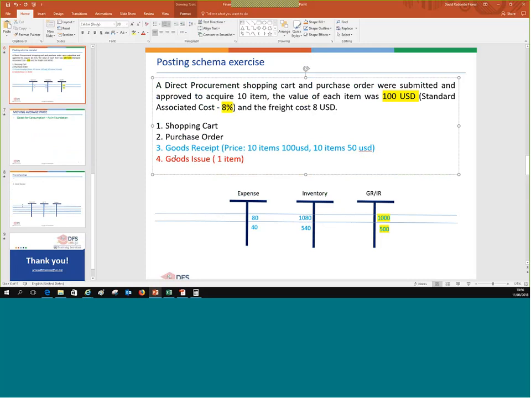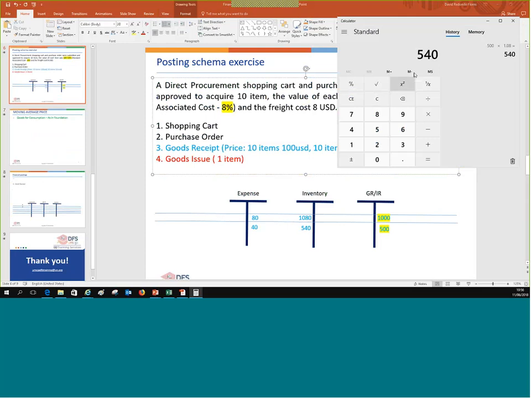If I show the calculator on the screen, you'll see quickly. There is a formula, and we can share the official material with you, but this is only for the explanation. So what is the moving average price of this item?